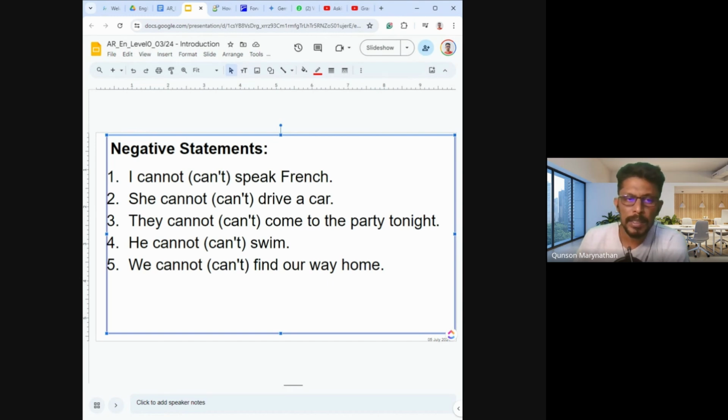The important thing is to pronounce the last letter T very prominently. If you pronounce it very prominently, it will be clear whether you are saying it positively or negatively. If it is positive, you say, I can speak French. If it is negative, you say, I can't speak French.